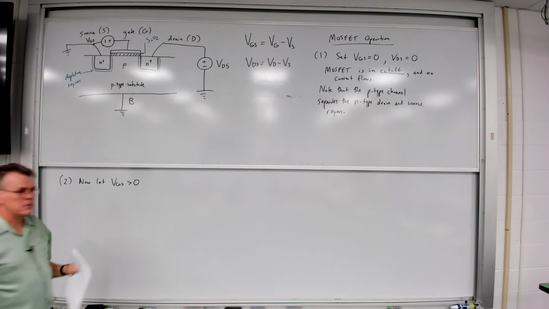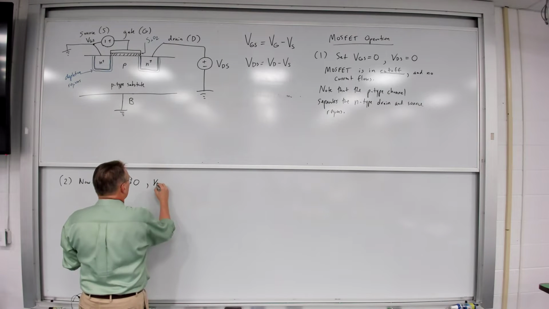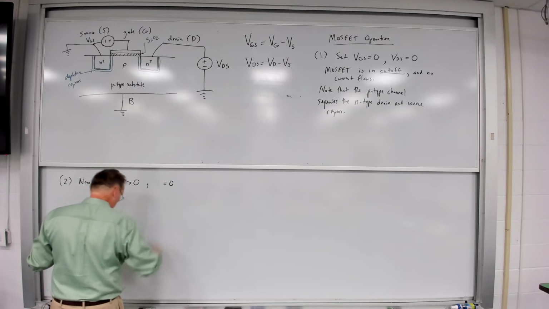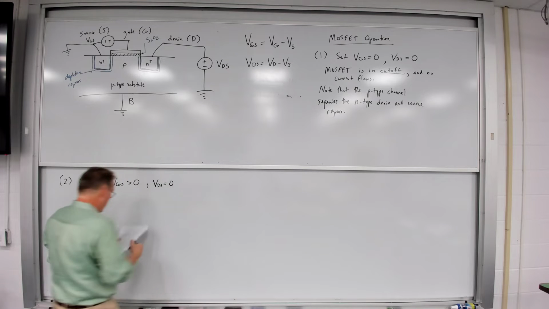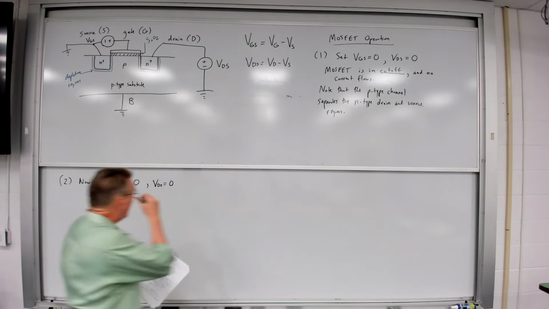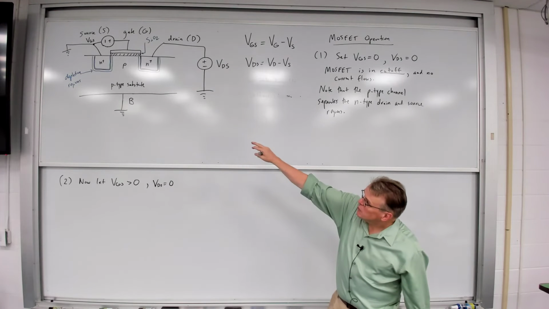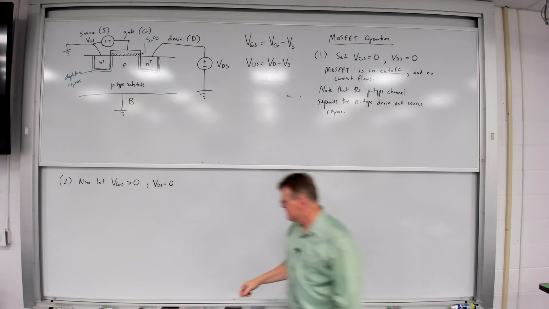That's going to stay 0. Okay. What's going to happen as I start to increase VGS? I'm making VGS more positive. Let's think about this for a moment.